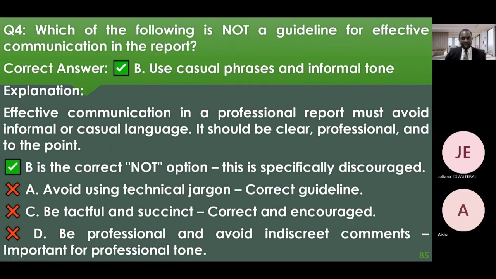Number 4, which of the following is not a guideline for effective communication in the report? Correct answer B, use casual phrases and informal tone. Effective communication in the professional report must avoid informal or casual language. It should be clear, professional, and to the point.